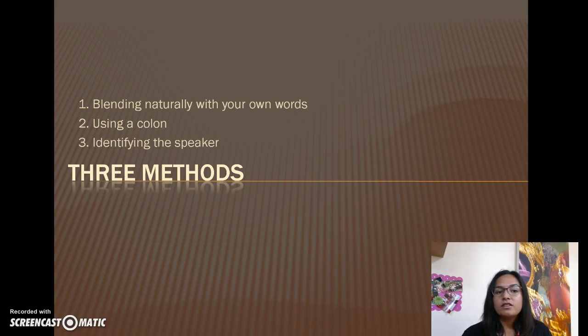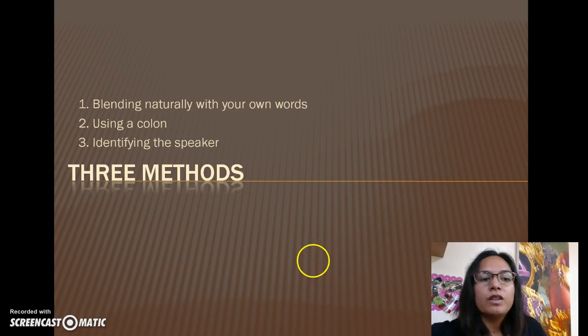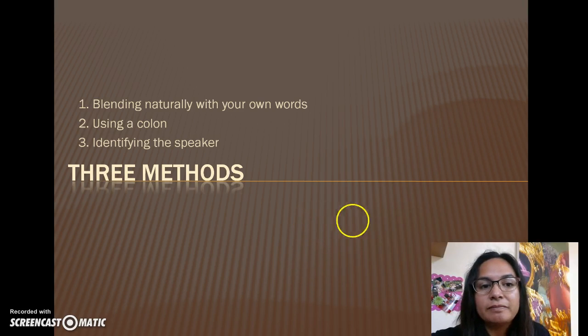You only want to use a colon to blend when you are going to be incorporating larger text, or if for some reason what you're providing is a list or an example of a previous statement. Number 3 is identify the speaker, and that is also one of the easiest methods. So we'll tackle number 1 first. Blend naturally with your own words.